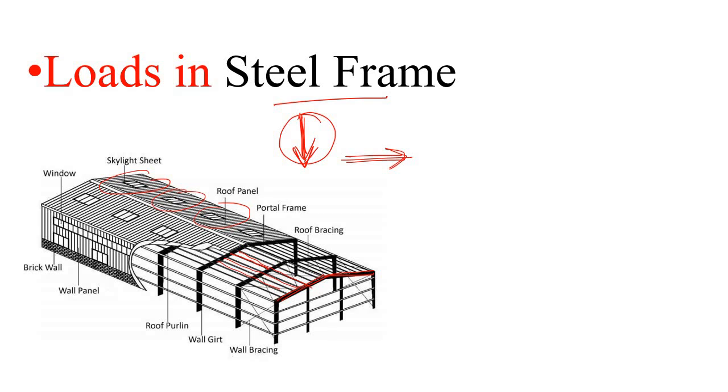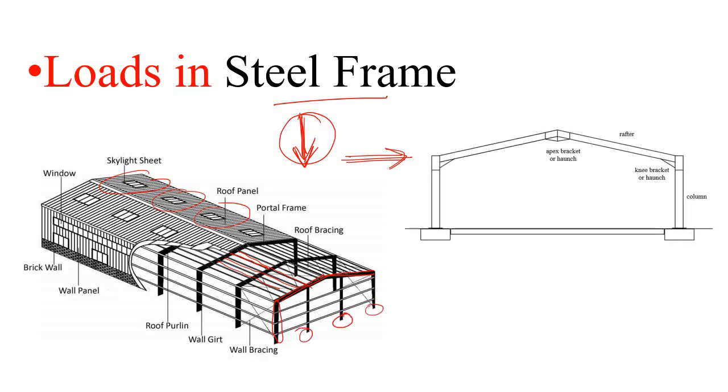Finally the load is transferred to the column, then to the foundation. If you consider this particular frame, this vertical load comes to this primary beam or rafter, then goes to the column, then to the foundation. Very simple.